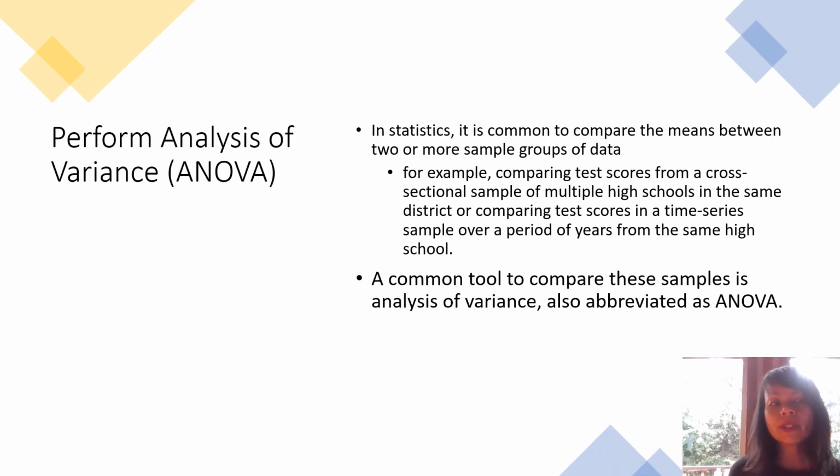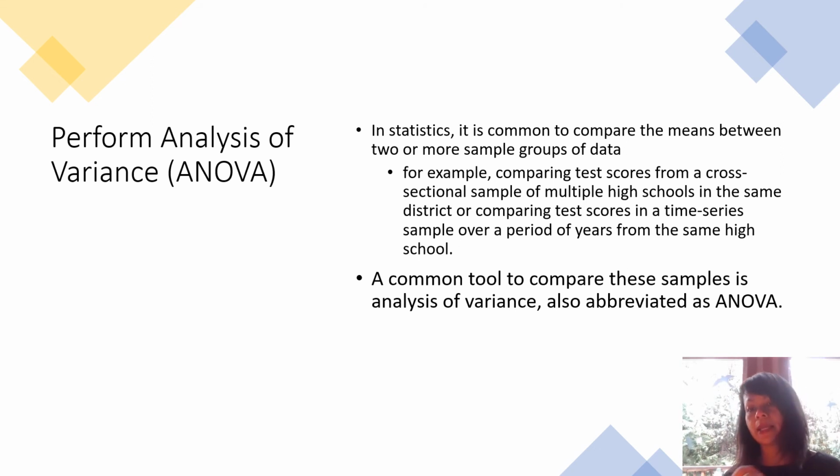Okay, so we are going to be performing analysis of variance, ANOVA. In statistics, it's common to compare the means between two or more sample groups of data. For example, comparing test scores from a cross-sectional sample of multiple high schools in the same district, or comparing test scores in a time series sample over a period of years from the same high school.